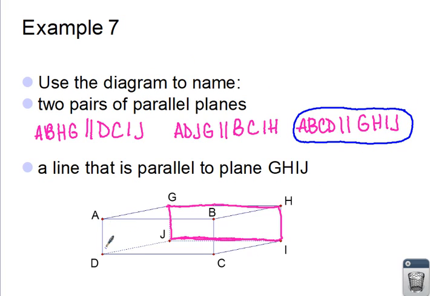So that means every line on that plane is parallel to that plane. So we could have AB, we could have CD, we could have BC, and we could have AD. Those are all lines that are parallel to the back of the box. Okay?